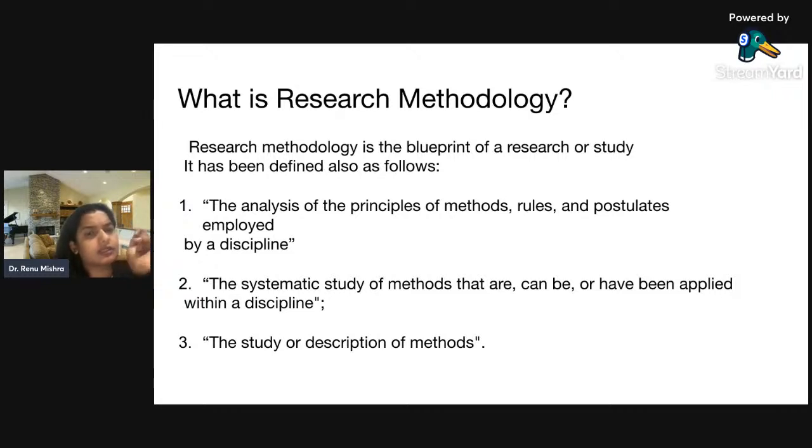The first layer is this Saunders research onion. Generally, we get confused when it comes to discussing research methodology in our project, or how to structure research methodology in our synopsis or research report. So you may take help of this. It's a diagrammatic representation which tells you what exactly the research methodology is that our study is going to follow.